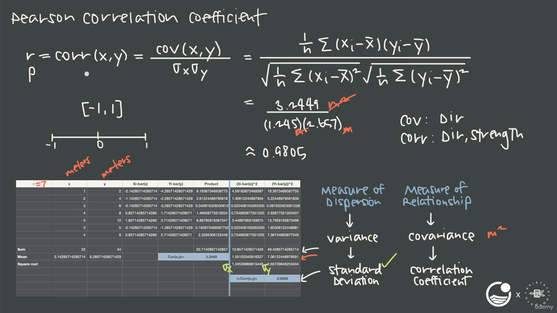But the value we find for correlation also gives us the strength of the relationship in the sense that if we are much closer to +1 over here or to -1 all the way over here on the left, we know that we have a strong positive relationship on the right or a strong negative relationship on the left, meaning that the two variables are highly correlated or closely correlated.